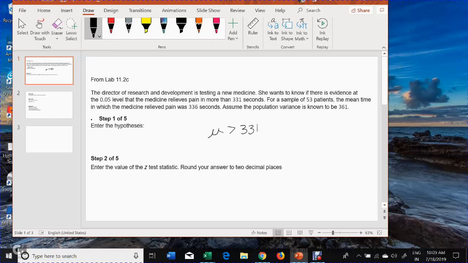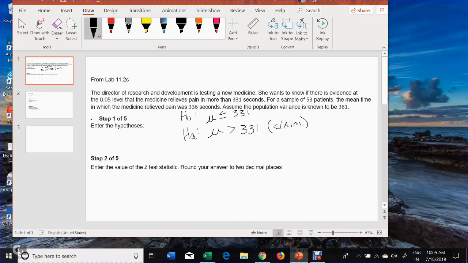That was the claim that was made. Since it does not contain the equal sign, that must be H sub A, the alternate hypothesis. The null hypothesis has to include all other possibilities, which is mu less than or equal to 331 seconds.